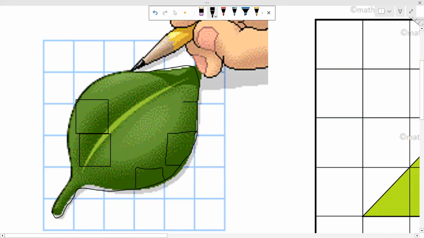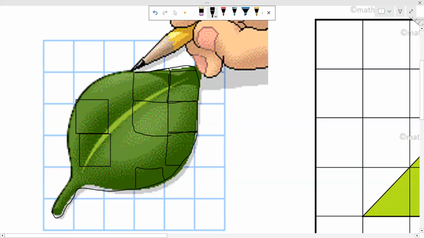Here is a complete square. Here is a complete square. You have to count these squares, and you have to add the total number of squares. So let's make it.